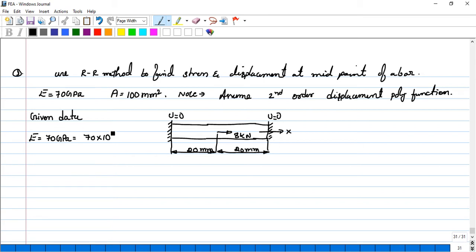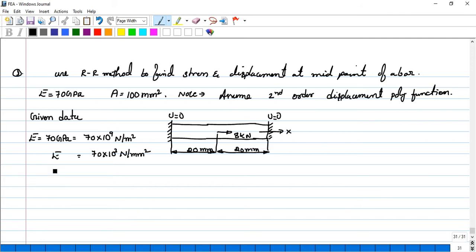Anyone? Newton per meter square, but whereas area is given in millimeter square, if I convert, this will be 70 into 10 raised to 3 Newton per mm square. This is how I will convert the given data as per the requirement.